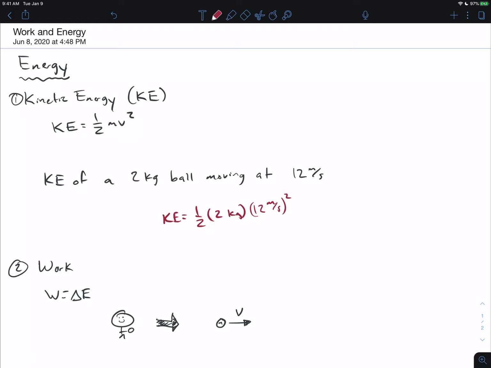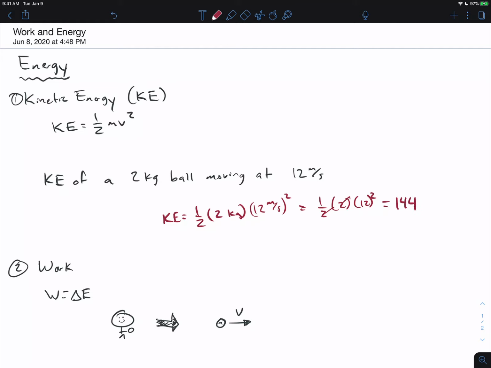So what this will give us is 1/2 of 2 times 12 squared. My 1/2 and my 2 here will cancel each other out, 2 divided by 2 gives me 1, so that's convenient. And my 12 squared gives me 144.